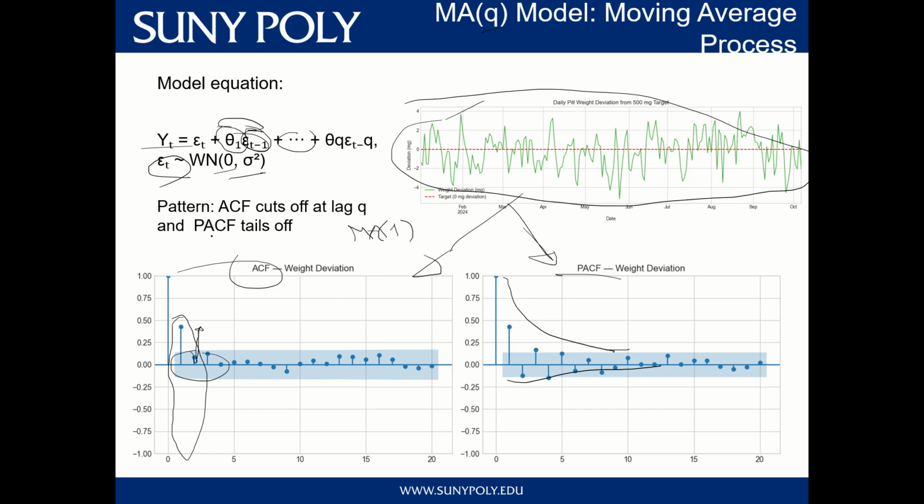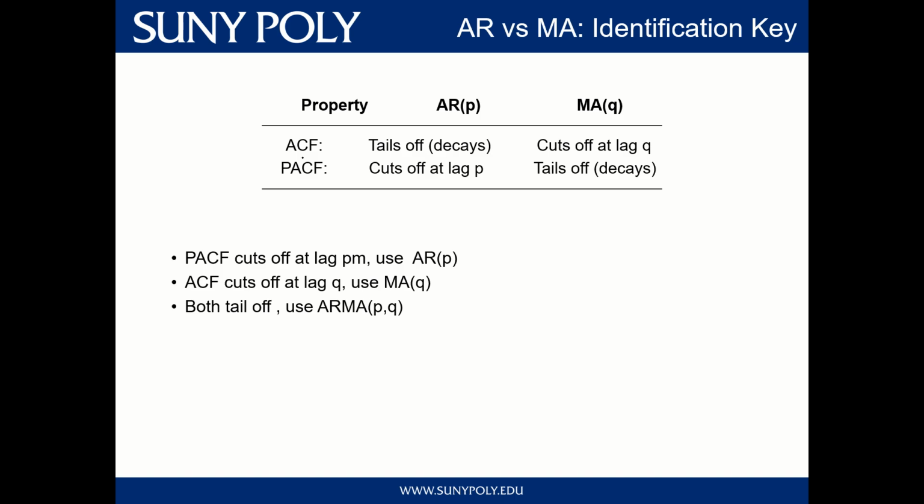Okay, so we have two different models, autoregressive and moving average. When we're going to pick one or the other, we need to check the ACF and PACF. When the ACF decays, then we check the PACF, and in the PACF we identify lag P, which is the lag where we get a significant correlation.